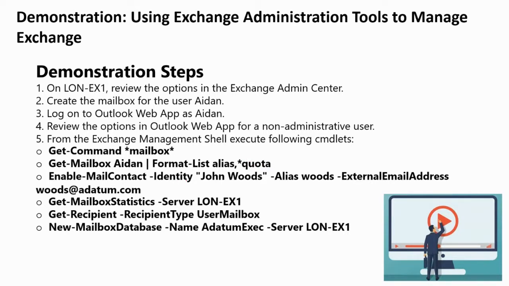Enable-MailContact -Identity John Wood -Alias Wood, with the external email address, for example, woods@atom.com. And we will also execute Get-MailboxStatistics, for example, -Server London Exchange One, Get-Recipient -RecipientType UserMailbox, and a New-MailboxDatabase -Name atom -Server, for example, London Exchange One.